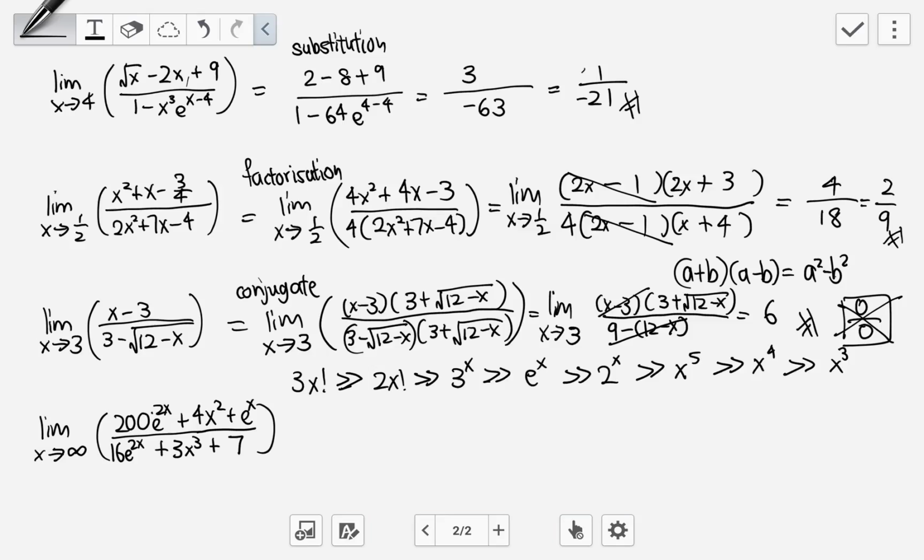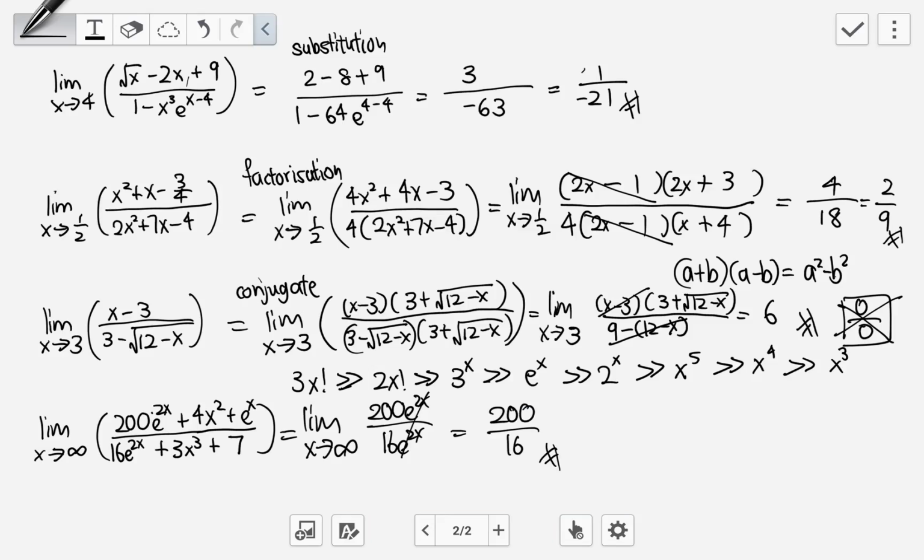So let's say e^2x is the fastest, so I can just ignore all the rest because in the face of e^2x, all the rest of the terms are insignificant because they go to infinity at a much slower pace. So I only look at this part, and that means the e^2x can cancel away with the e^2x, and we get just 200 over 16 as the limit for this expression.